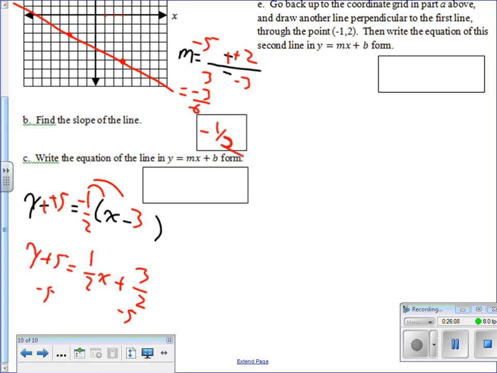So I'm going to have y equals -1/2 x plus or minus something. So I have 3/2 minus 5, which is 3/2 minus 10/2, which is -7/2. Gee, it's not 4.